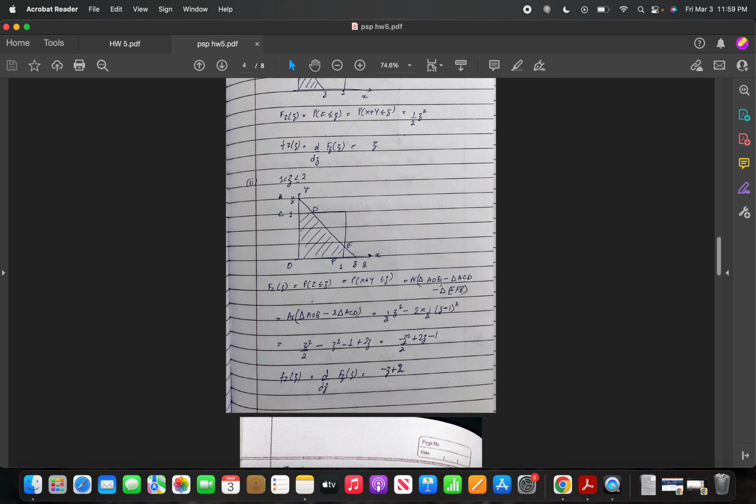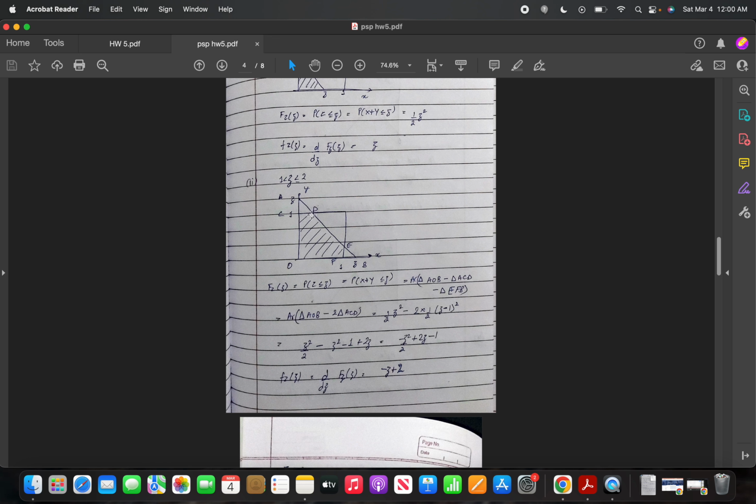So the area can be calculated as area of triangle AOB minus area of triangle ACD minus area of triangle EFB.